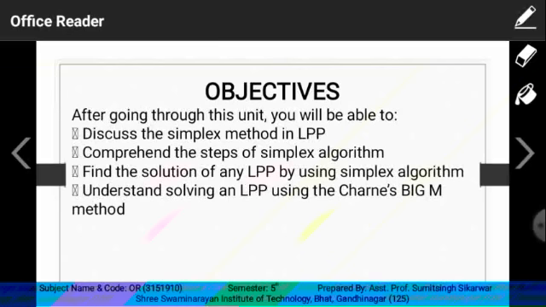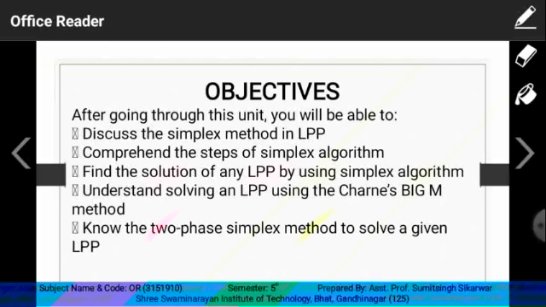We'll also come to know the two-phase simplex method to solve a given problem.